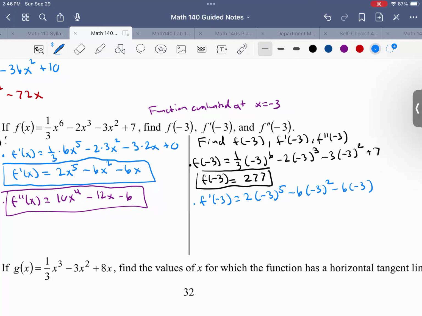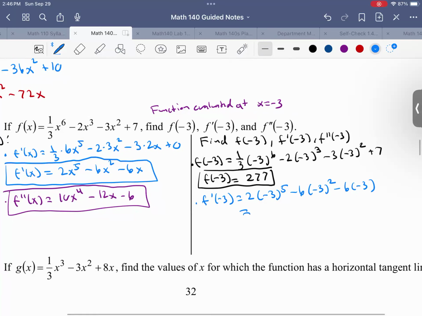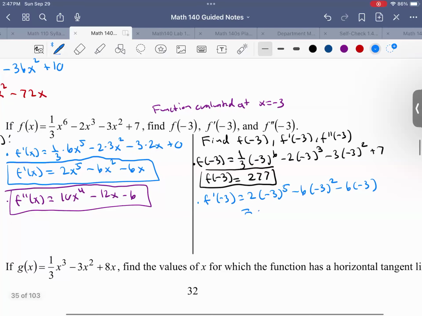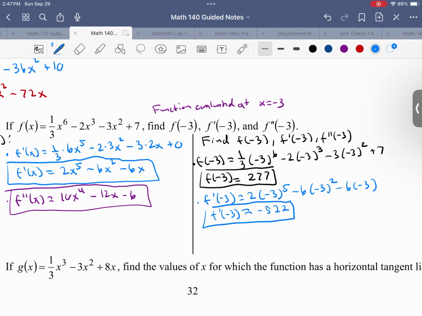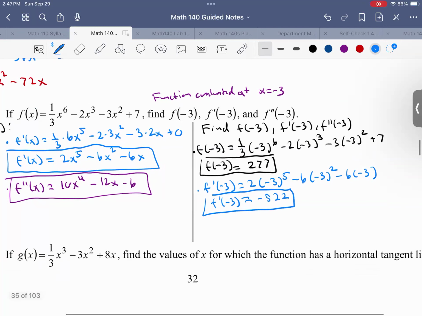And once again, I trust you with the calculations. So this would become -522. And that's the evaluation at x equals -3 for the first derivative.